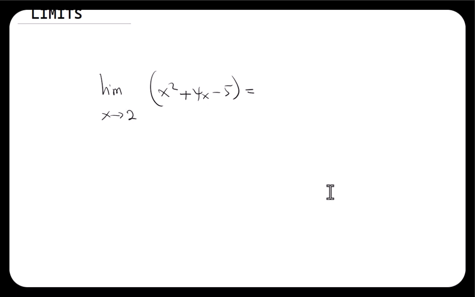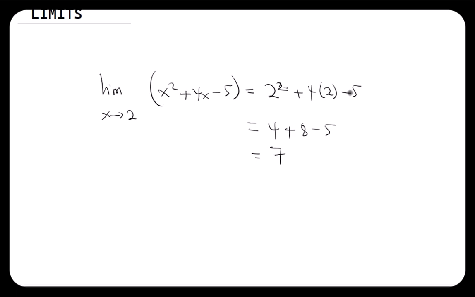And when we do that, we are going to have 2 squared, now 2 in place of x. So 2 squared plus 4 multiplying 2 minus 5. And then that is going to give us 4 plus 8 minus 5. And that's going to leave us with 7 as the final answer.